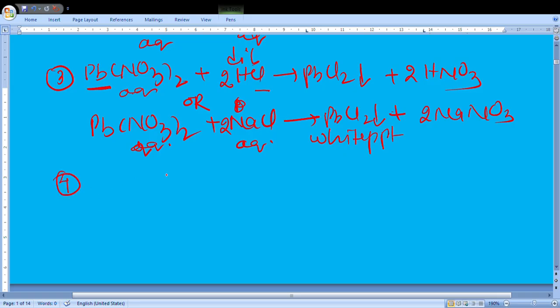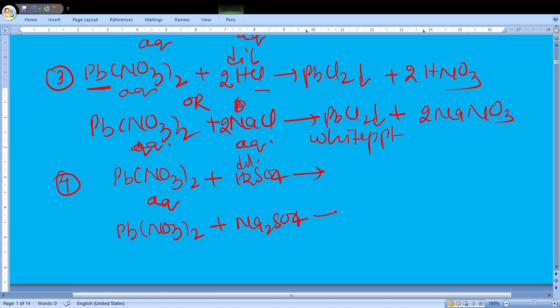Number 4, if you want to prepare sulfate, you will have to take Pb(NO3)2 because this is the only nitrate of lead which is water soluble. So here you have to take either dilute H2SO4 or Na2SO4 solution in the aqueous state to form one of the insoluble solids, that is PbSO4 as a white PPT plus 2HNO3.